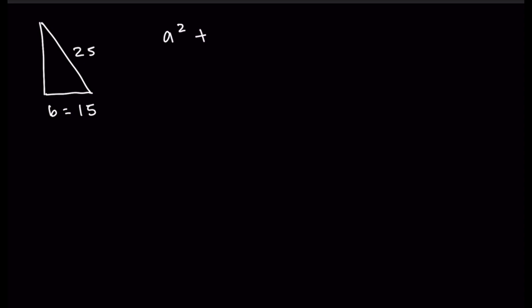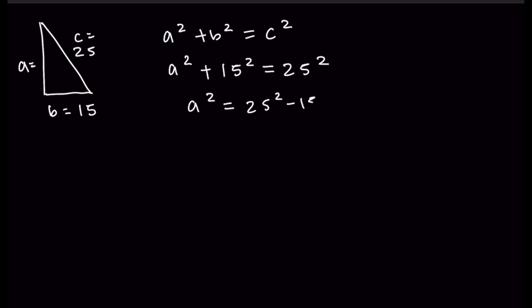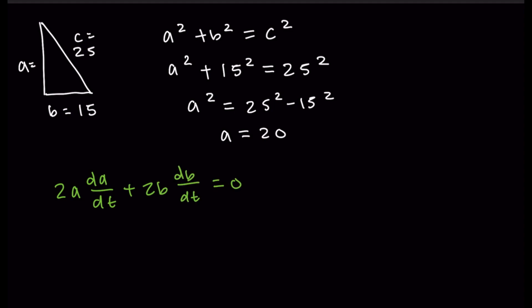If we apply the Pythagorean theorem once again, we can solve for the missing side length a. We get a is equal to 20. So now our job is to plug this into the differentiated Pythagorean theorem just like before in order to solve for dA/dt.